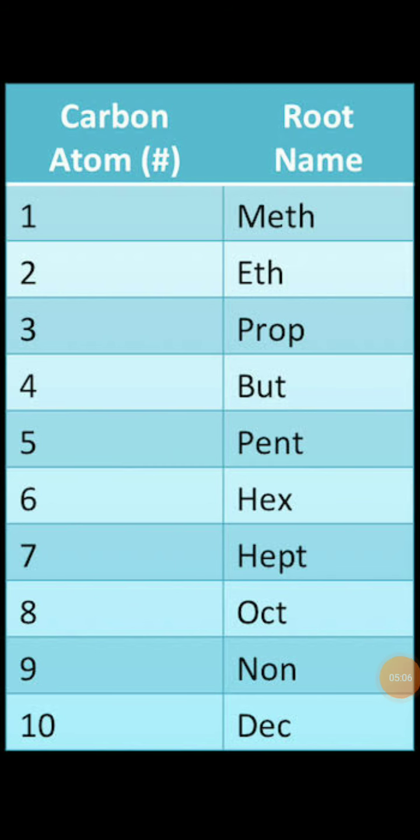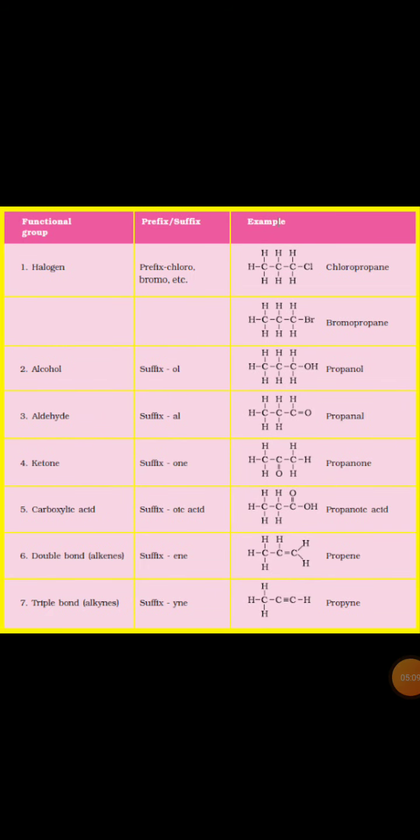Now let us understand some of the examples by looking at this table. In the first column we have functional group, and in the second column we have prefix and suffix, and examples are given. Now in general, the basic thing you will remember is that naming carbon compounds is done by using prefix and suffix. What is used as prefix?